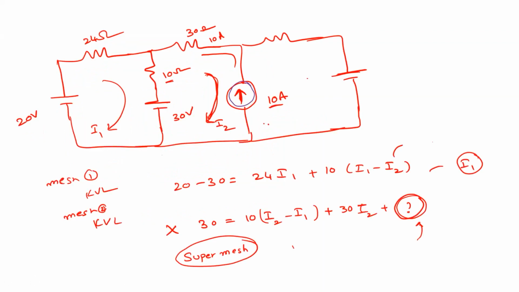That's why we straight away wrote I2 equal to minus 10 amperes. These things simplify, but when you have another circuit on the other side, it will slightly complicate.